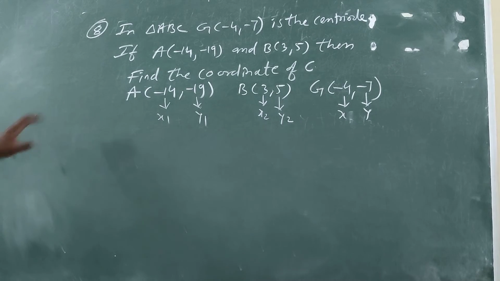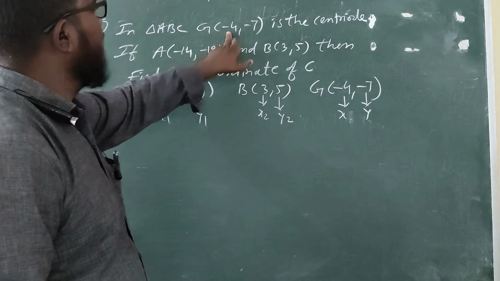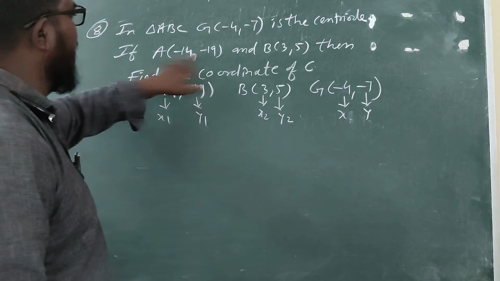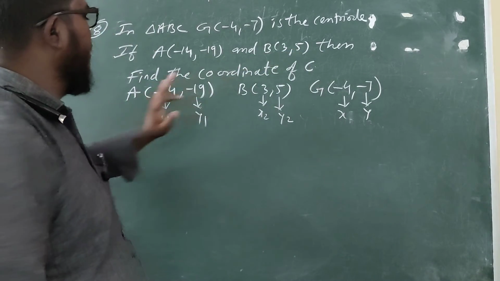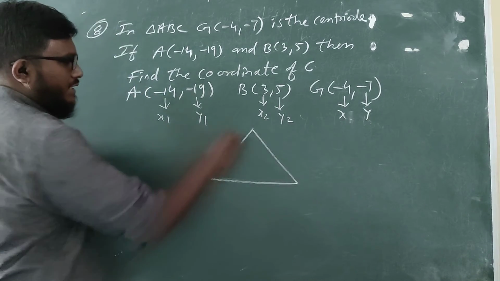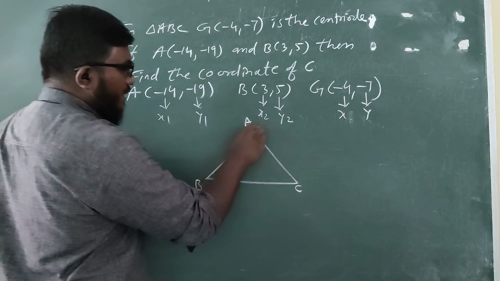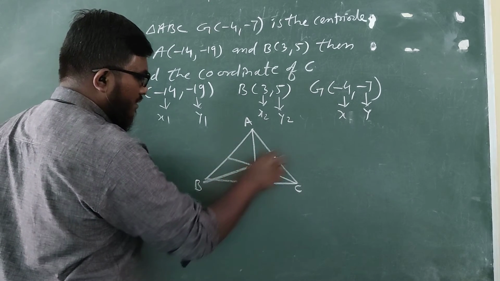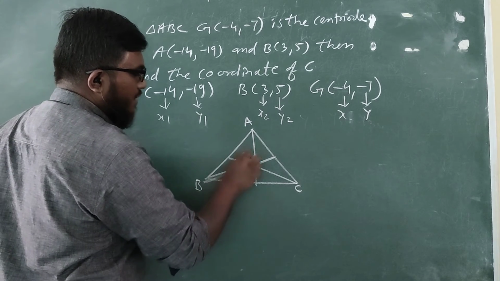Slightly different example. The 8th example is like this: in triangle ABC, G (-4, -7) is the centroid, and if A is (-14, -19) and B is (3, 5), then find the coordinates of C. Just like this, for example, you have to draw A, B and this C. This is the triangle, and when we draw these perpendicular altitudes just like this, the point is called the centroid.